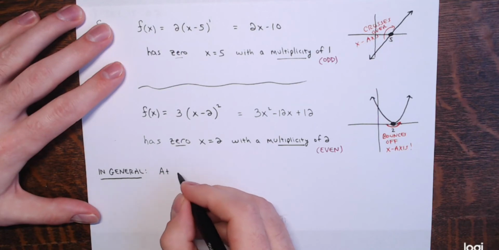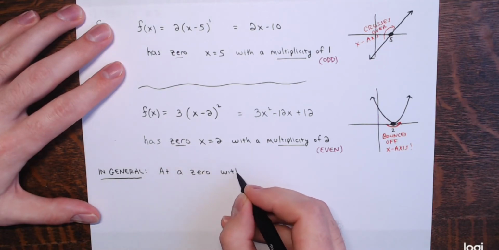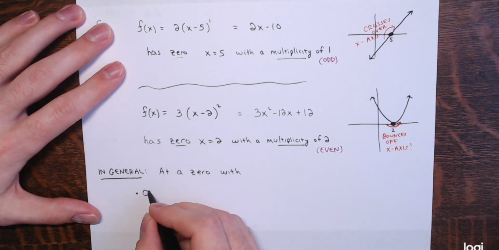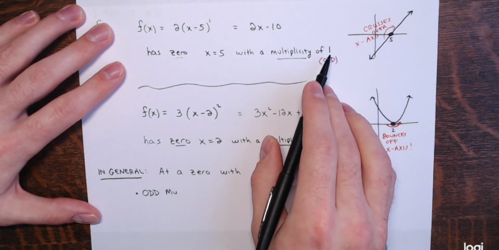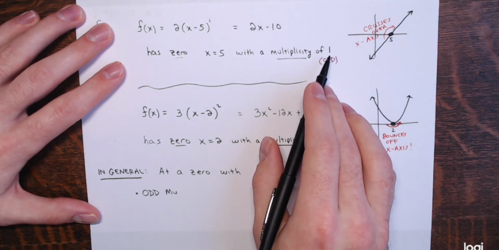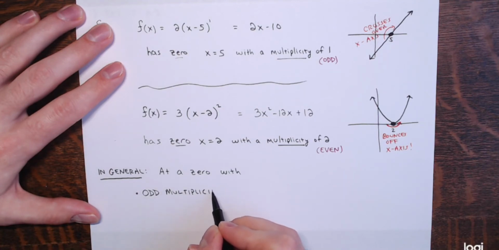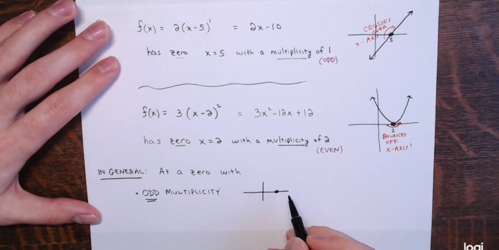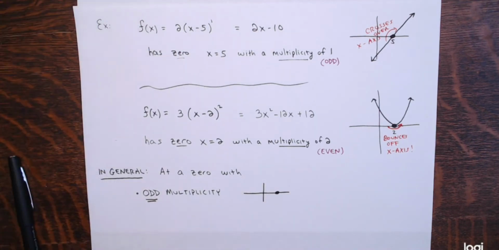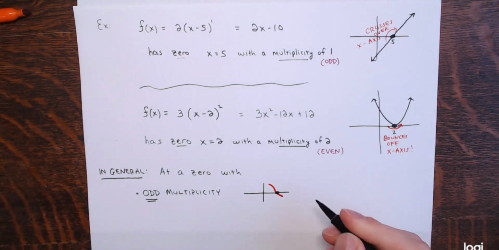at a zero, right, at an x-intercept with odd multiplicity, so a multiplicity of 1 or 3 or 5 or 7, right, odd, at a zero with odd multiplicity, the graph of the function is going to cross over the x-axis.